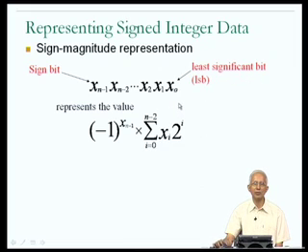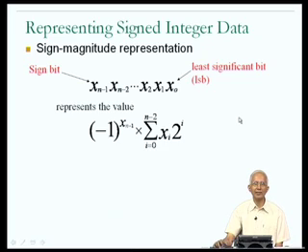And in this case I am showing the least significant bit on the extreme right and numbering it as x0. Please note that this is just a convention. I could just as well have shown the least significant bit on the extreme left, and the expression would have been exactly the same, because I would have labeled the bit at the extreme left as x sub 0.